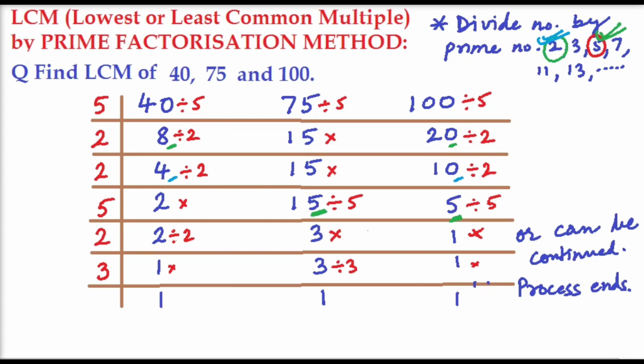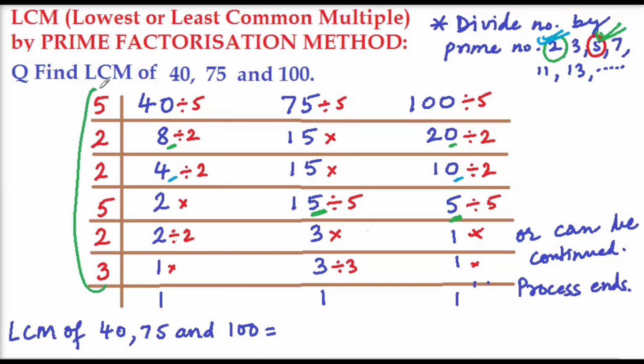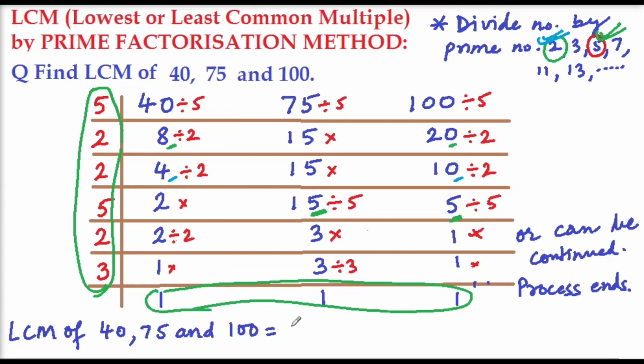Now LCM of 40, 75 and 100 equals, we write all these numbers in product, but here we have only 1, so no need to write 1.